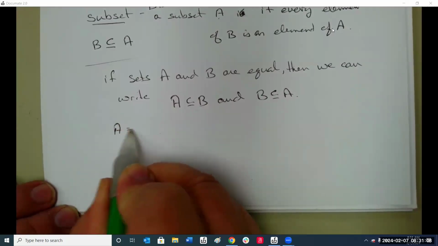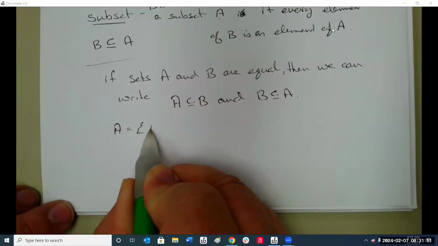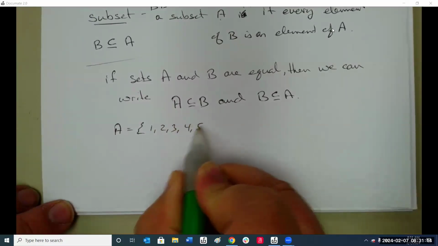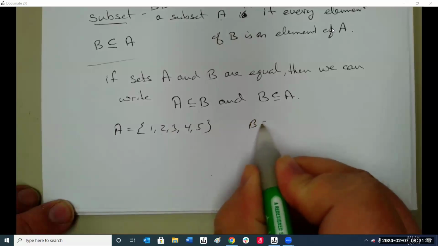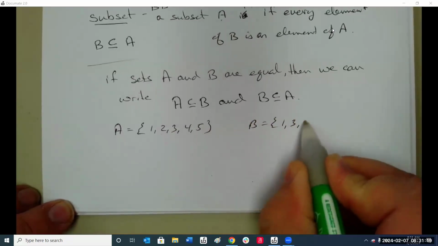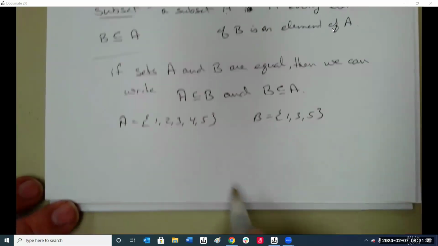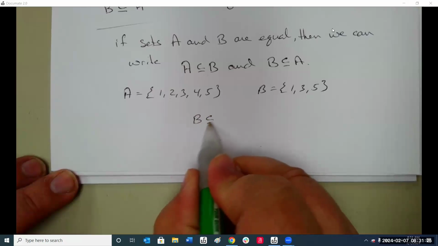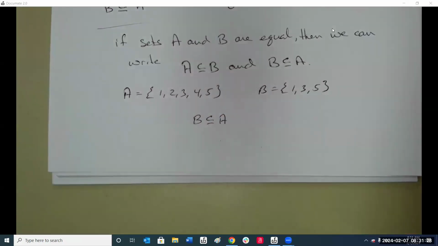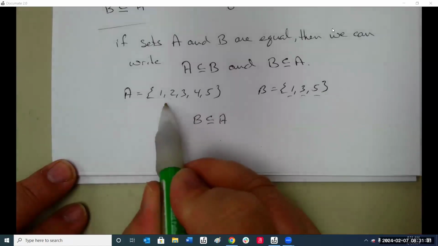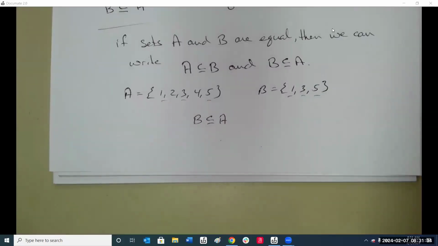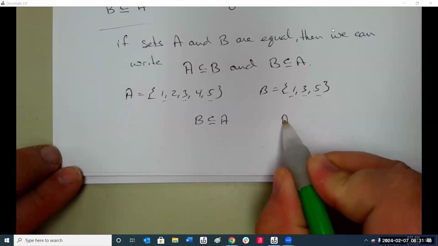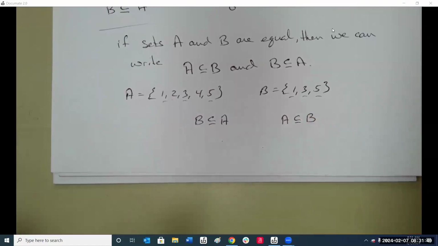So if set A, I'm making my own example, are the numbers 1, 2, 3, 4, 5, and B are the odd numbers, then we can say that B is a subset of A, because all of the elements in B are elements of A. Is this a true statement?